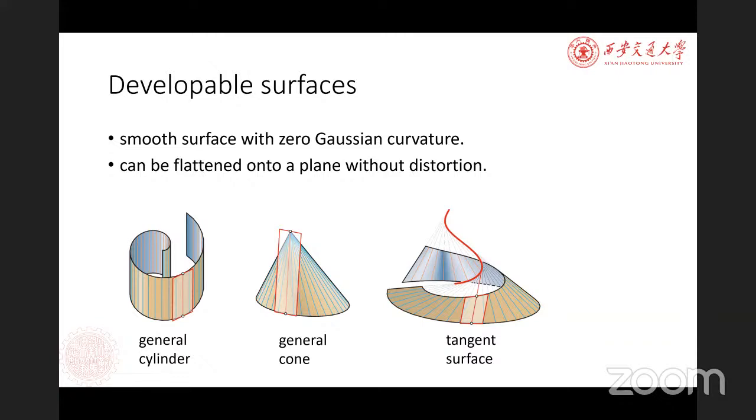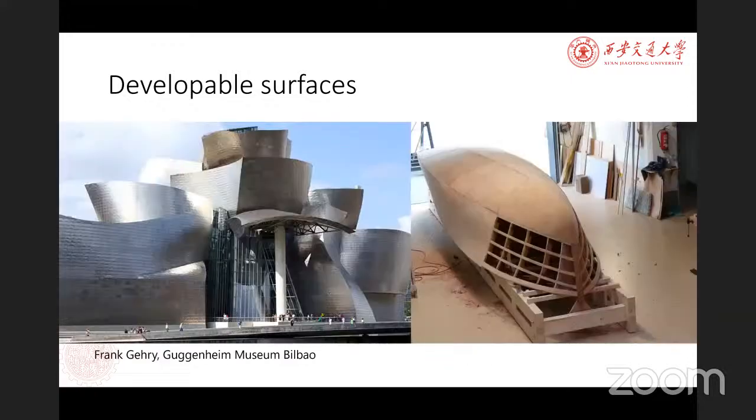Flat sheet materials are the most common form of raw material, so developable surfaces are widely used in manufacturing-related modeling. They can be used in architecture design and also in the manufacturing of boats, clothes, shoes, and others. So origami, kirigami, and developable surfaces are the main focus of my talk.